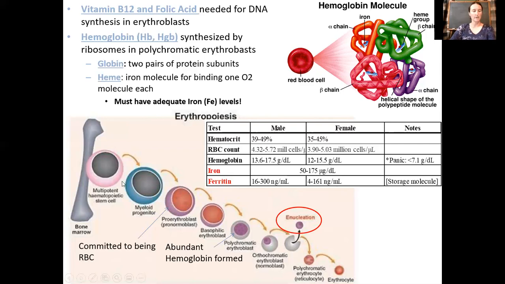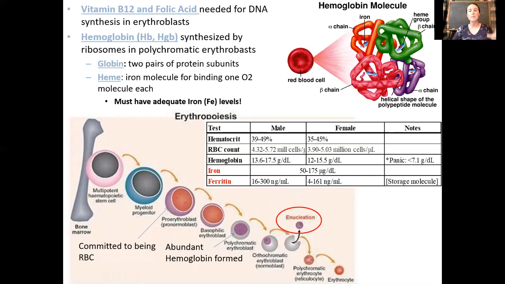To go back here just a moment, EPO has stimulated the differentiation of these myeloid progenitors to becoming pro-erythroblasts. Pro-erythroblasts are going to become red blood cells. They cannot become white blood cells. They can't become platelets. It's committed at this point. Certain genes are turned on, a lot of them involving hemoglobin.